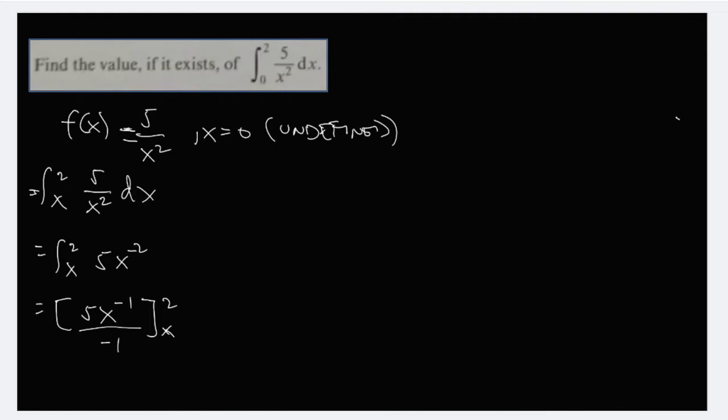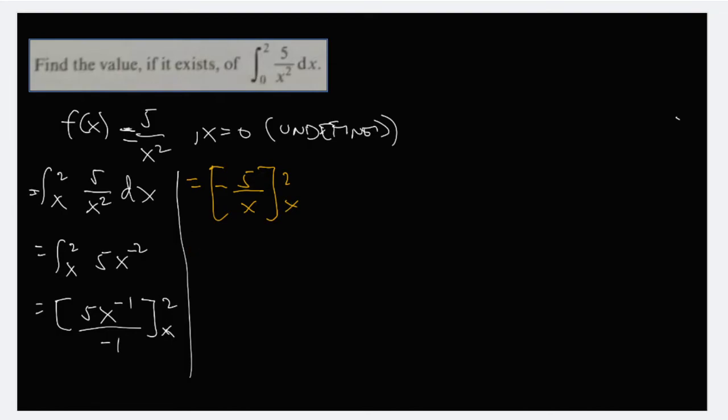So we're going to simplify this. We can have negative 5 all over x from 2 to x.